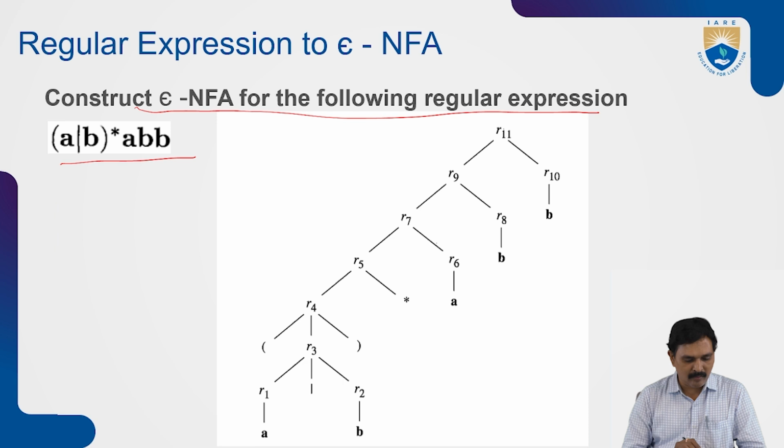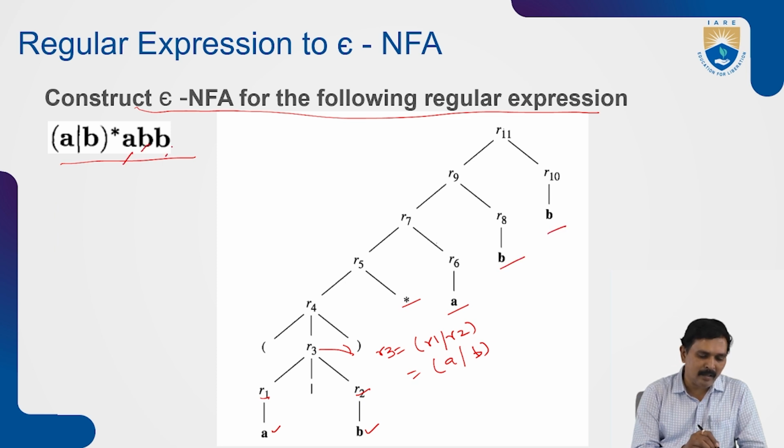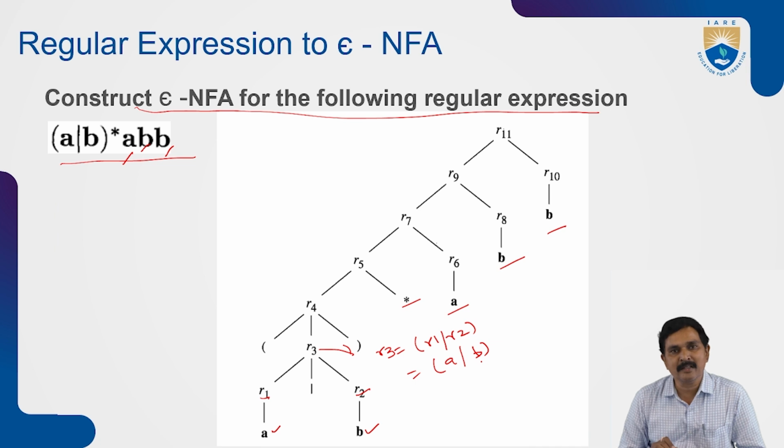Initially we have to know that R1 is A and R2 is B. So R3 indicates R1 slash R2, nothing but A slash B. I gave clarity for each and every symbol and each atomic regular expression in the final regular expression. Like that you can divide, then solve the problem.